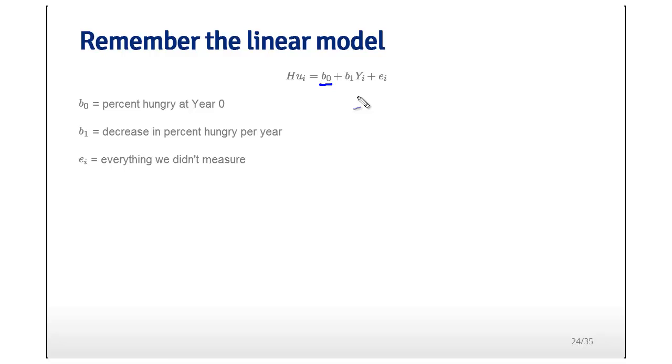And then beta 1 is the decrease in the percent hungry per year, and one way to think about the epsilon is everything we didn't measure. It's sort of like we've missed a bunch of terms in our linear model, and they all bump up and down in random ways, and we're going to treat them all as if they were Gaussian noise.